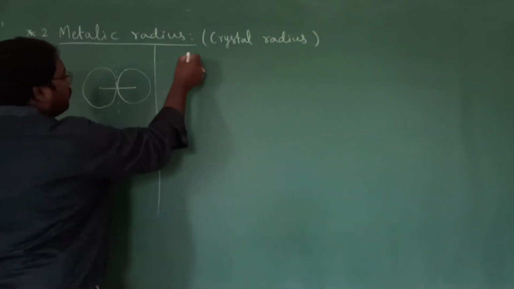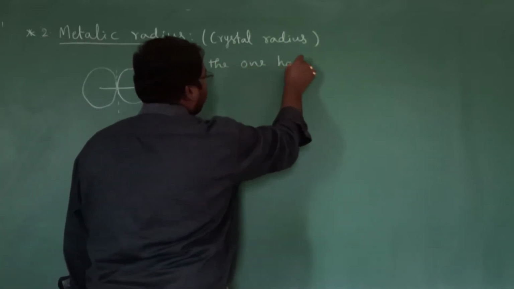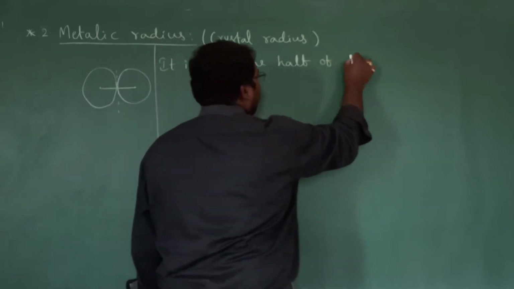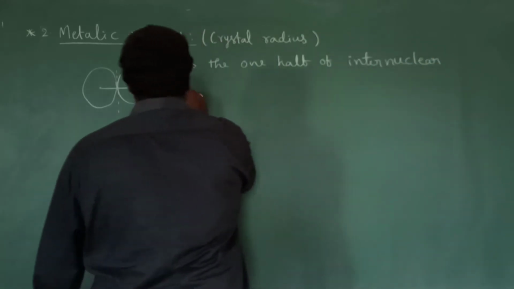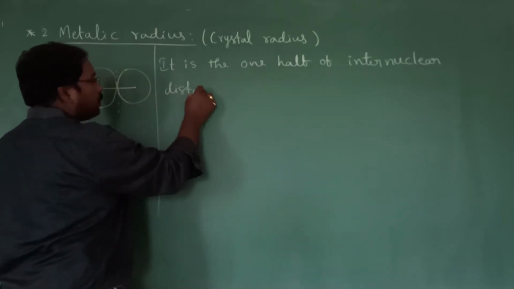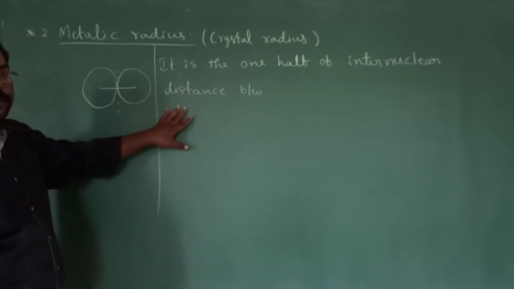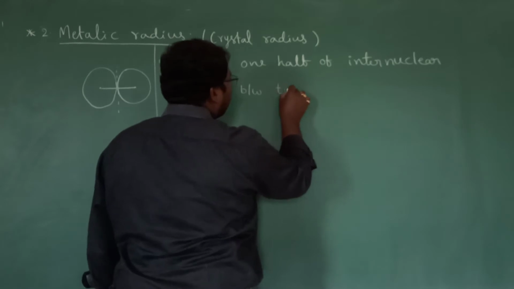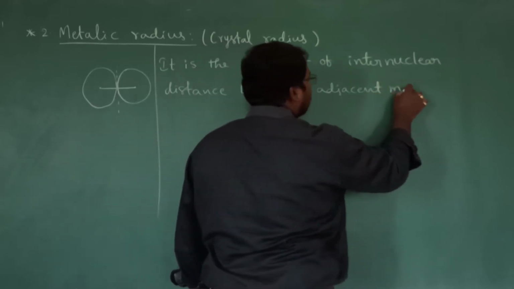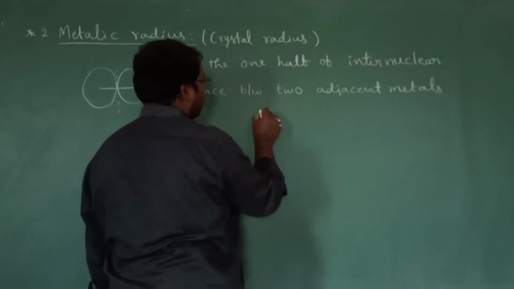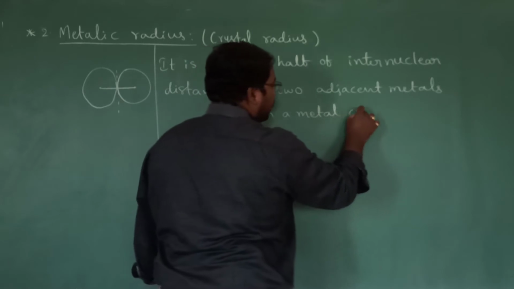Now coming to the definition: it is the one half of the internuclear distance between two adjacent metals in a metal crystal.